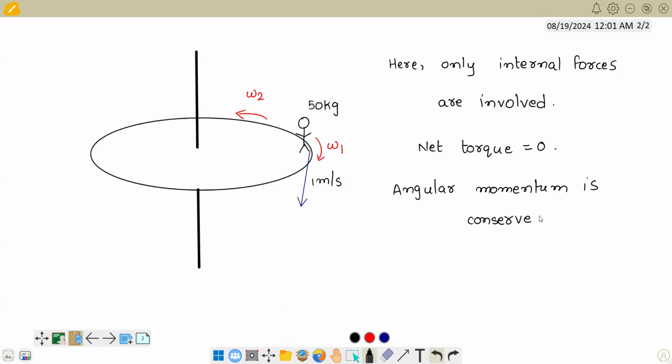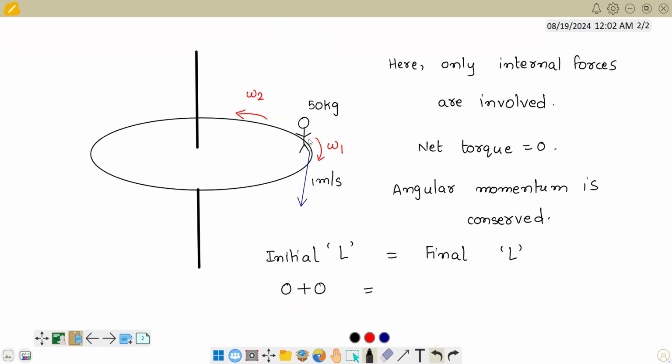Since angular momentum is conserved, initial angular momentum equals final angular momentum. I'm representing angular momentum with L. What was the initial angular momentum? Both the person and the platform are at rest, so it is 0 plus 0.